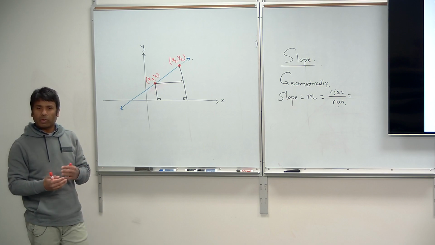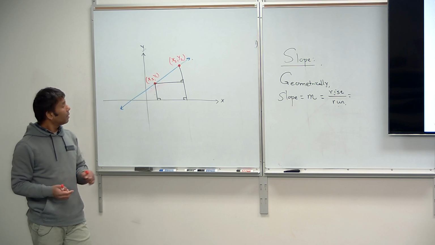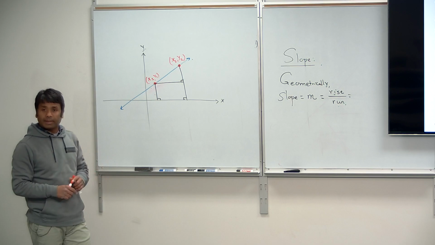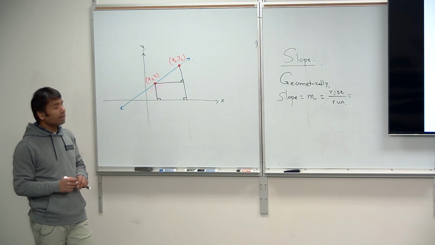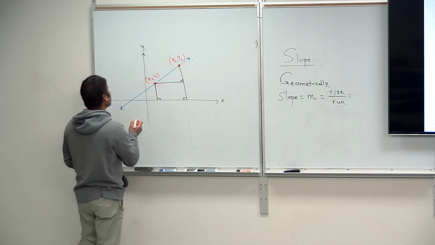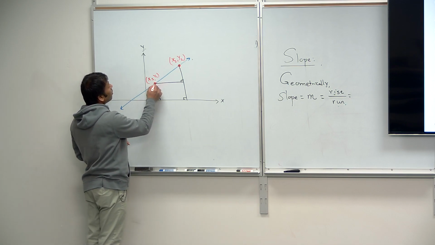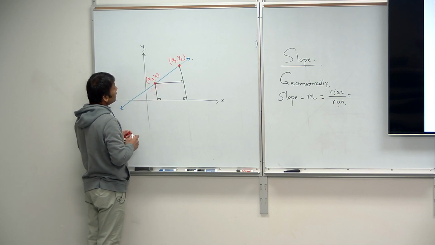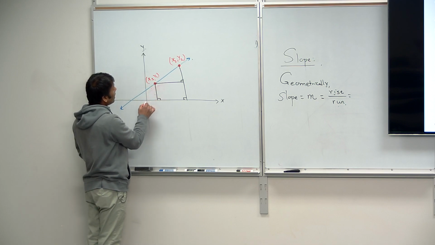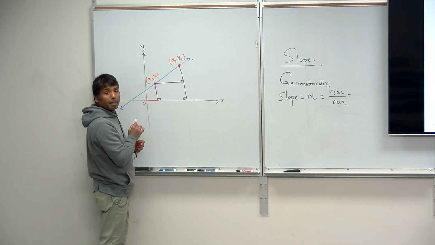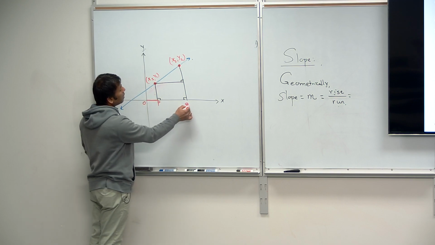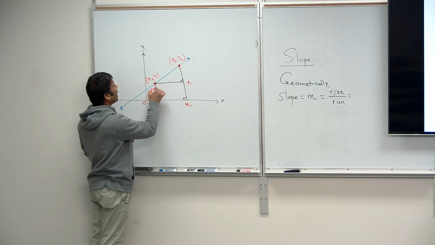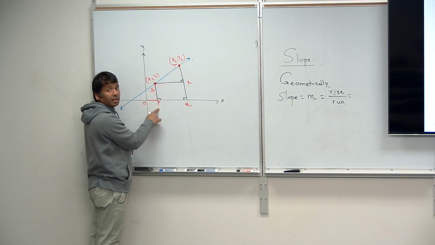I'm going to derive the formula to find the slope of a line. So, hey, look here, guys. So this point is x1, y1, okay? What is this distance? Can you tell me what this is? Let's say this is O, P, Q, R, S, T. So what is OP?